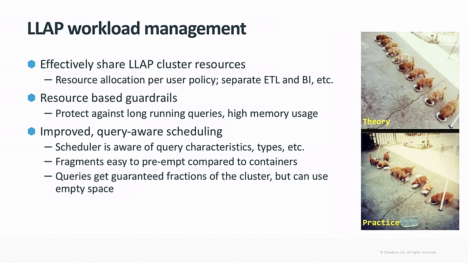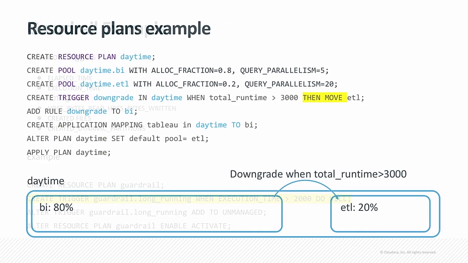So two parts that we've added to the workload management are resource pools and triggers, and I'll touch a little bit on this. Actually, I'll first go into the resource plans or resource pools. You define resource pools in order to divide up the LLAP resources. In this example, we've created two resource pools, BI and ETL.